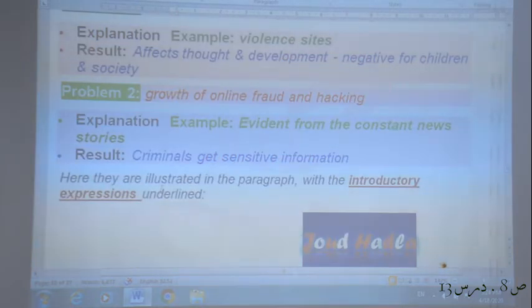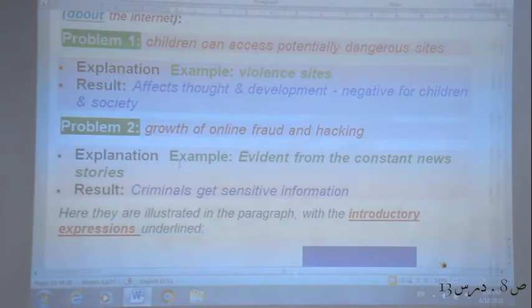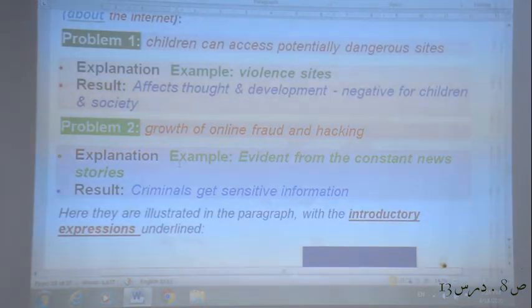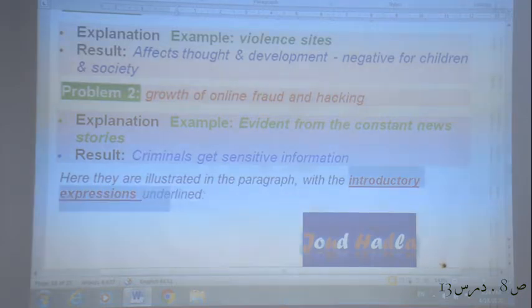Now here they are illustrated in the paragraph with the introductory expressions. Pay attention, dear students. After we have done this brainstorming about the first paragraph, namely the problems paragraph, and we gave some of the results, here we can learn by heart some introductory expressions, as you can see here, and I'll shade them in blue and yellow for you.